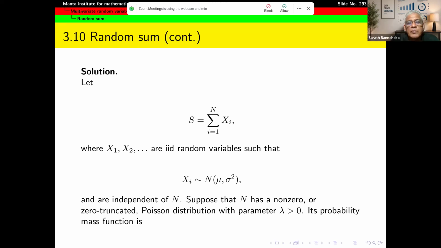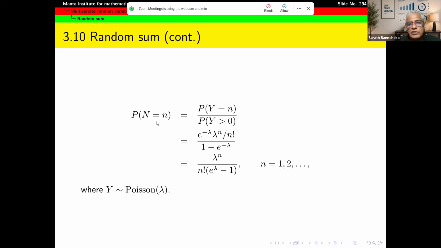So x1 up to xn are all independent and identically distributed with mean mu and variance sigma square. Suppose that n has a zero-truncated Poisson distribution with parameter lambda. The truncated Poisson distribution, truncated at zero, is given by this formula. This is the mass function of that.